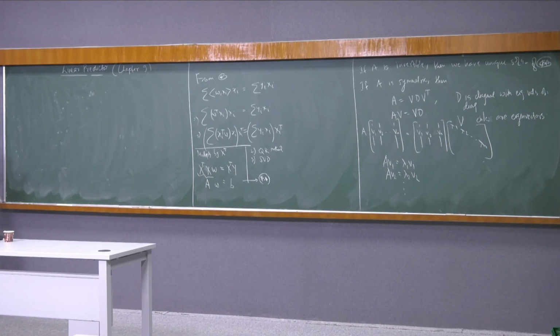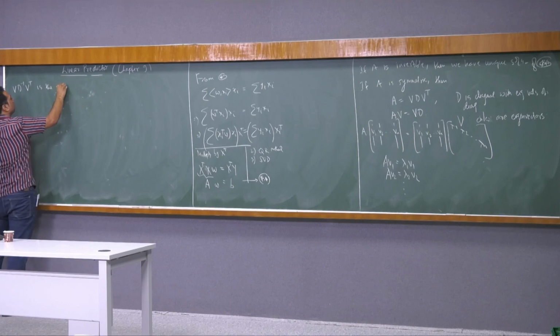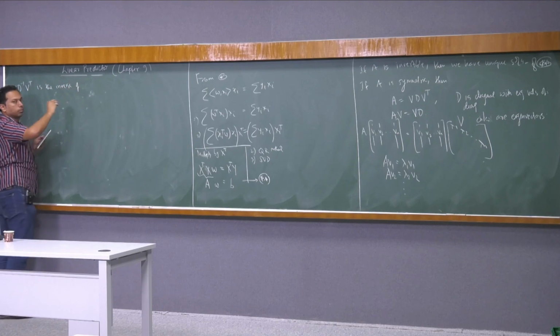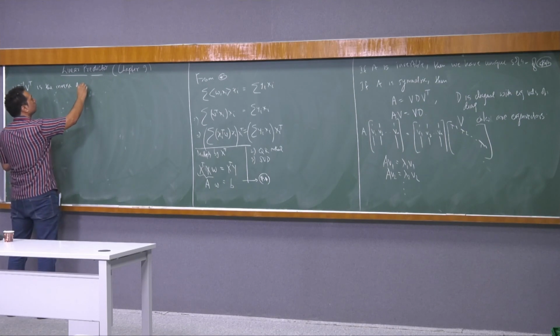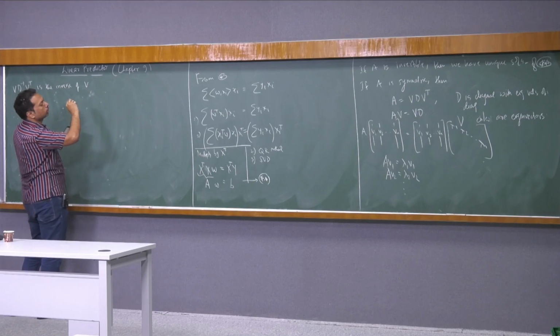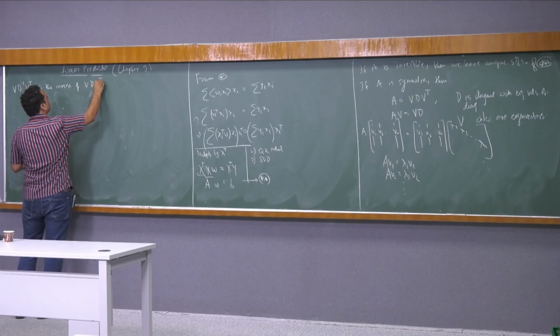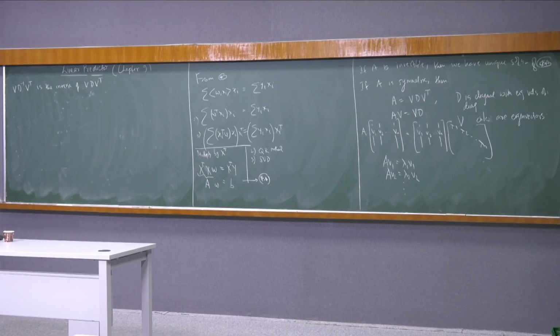Now the problem is, V D inverse V transpose is the inverse of V D V transpose, right? You multiply V transpose, identity, D inverse. But the problem is, if A is singular, then D has zero eigenvalues, so this can't be taken as an inverse straight away.